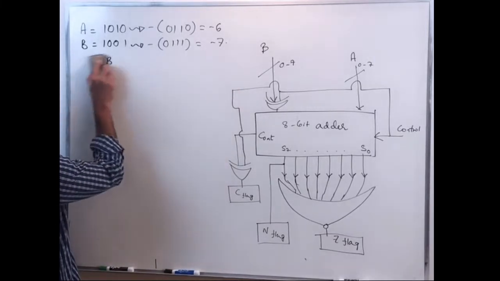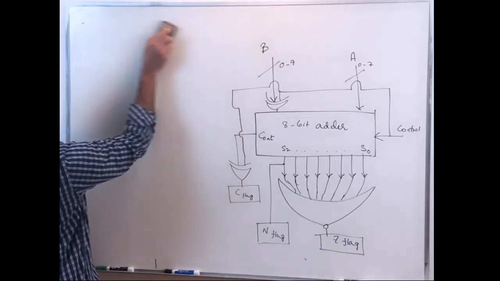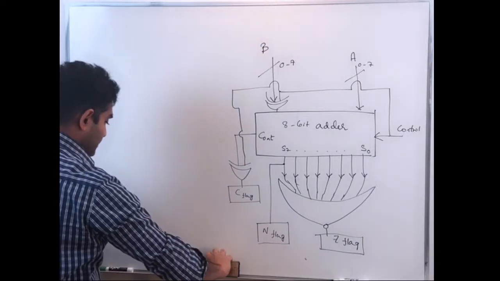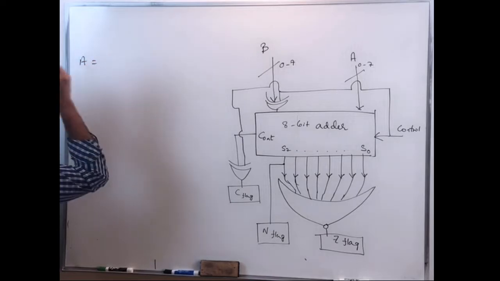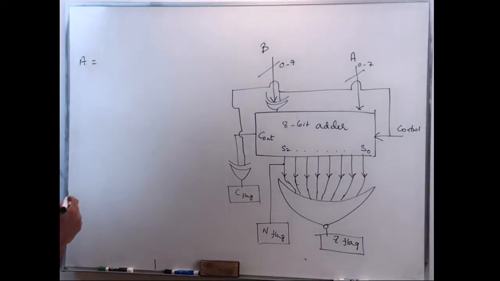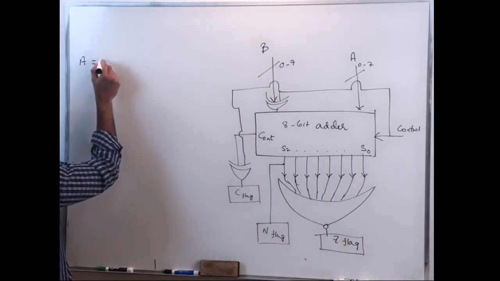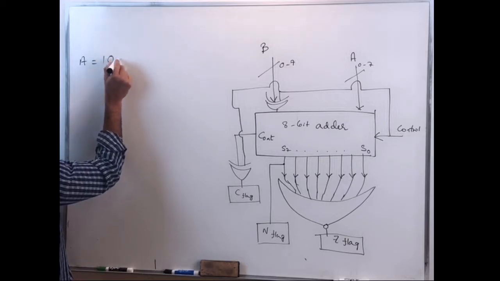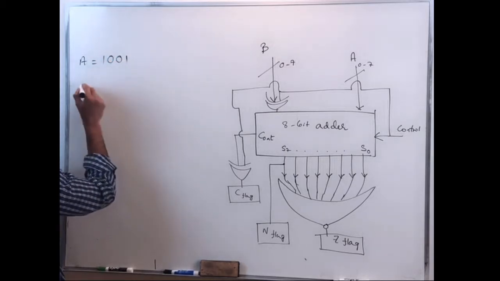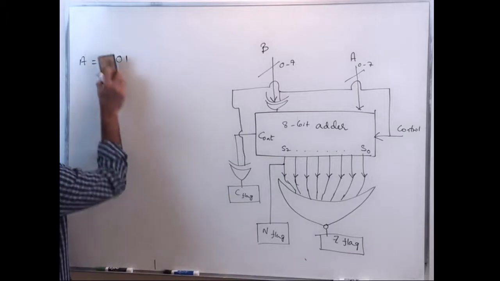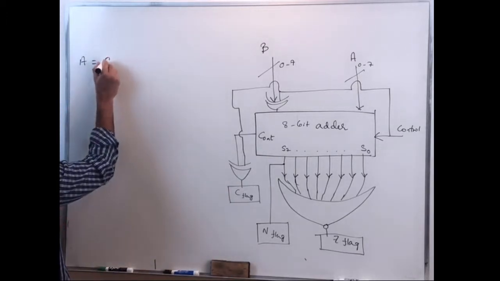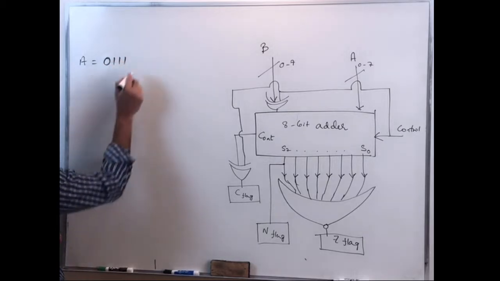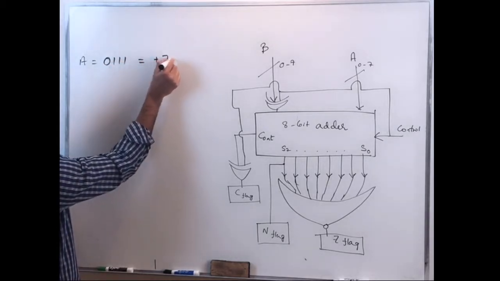Now let's say my A this time, let me take a positive value, is 0, 1, 1, 1, which corresponds to +7.